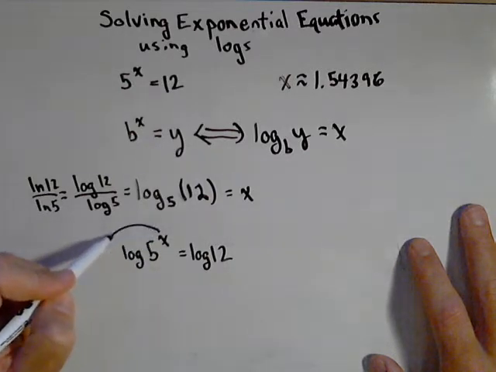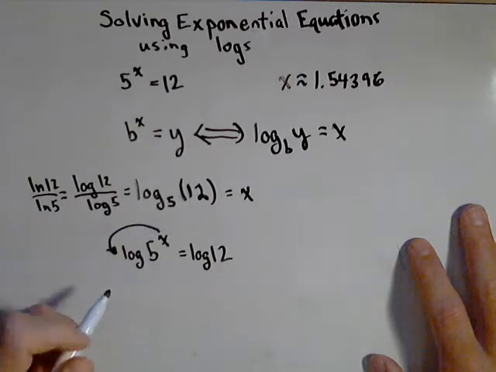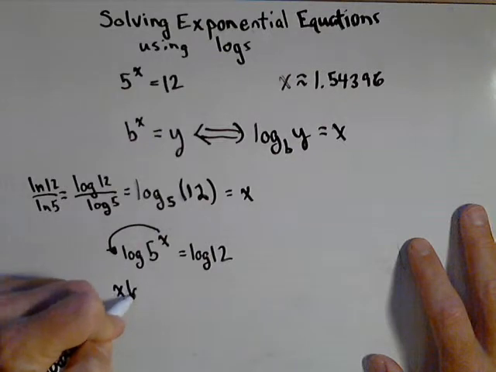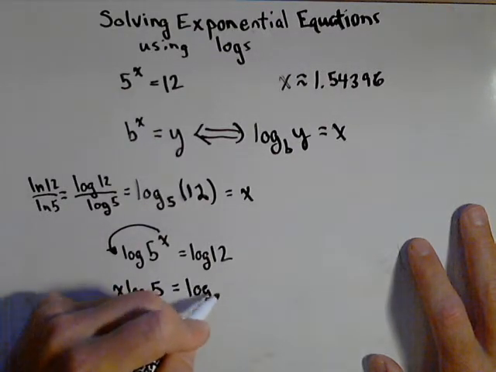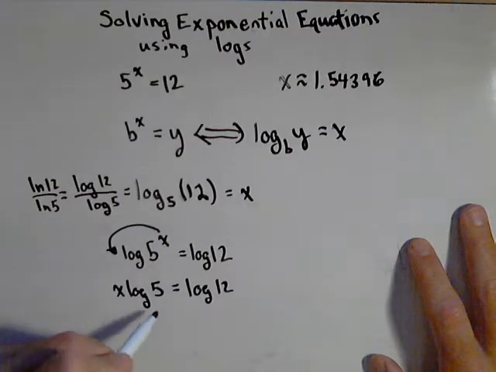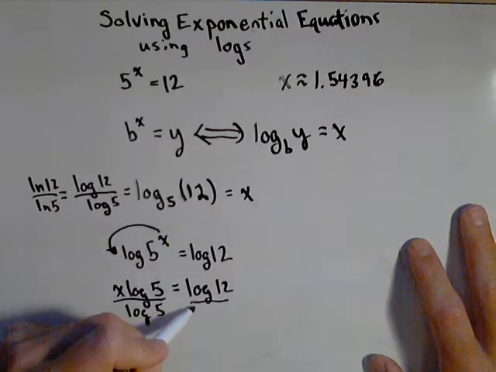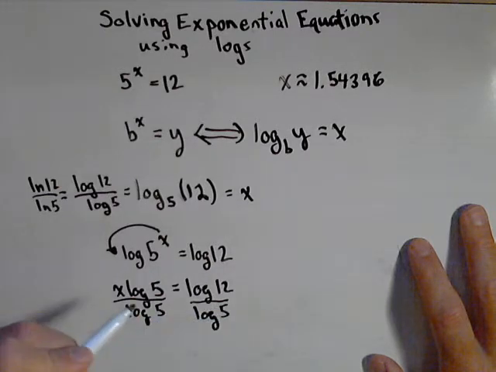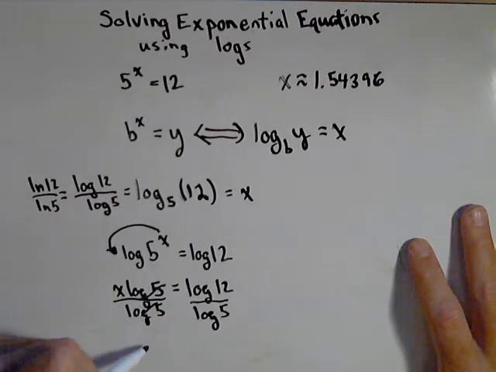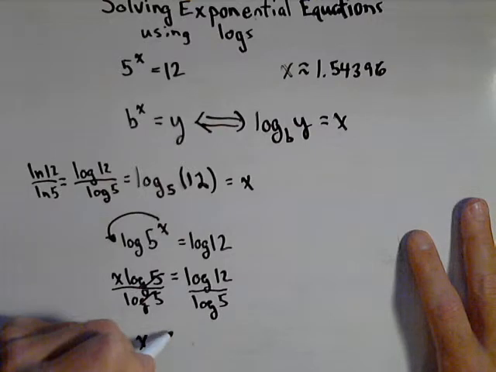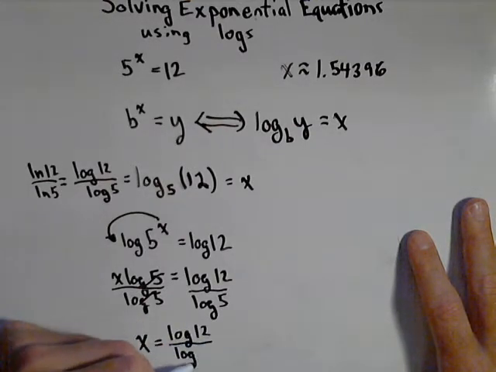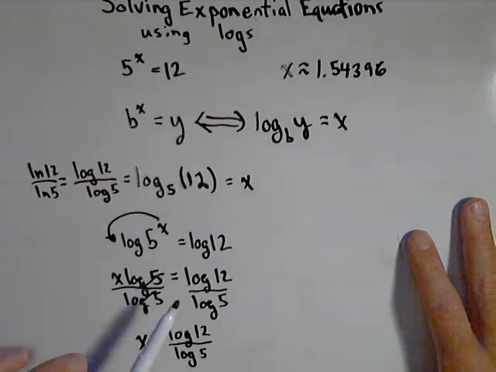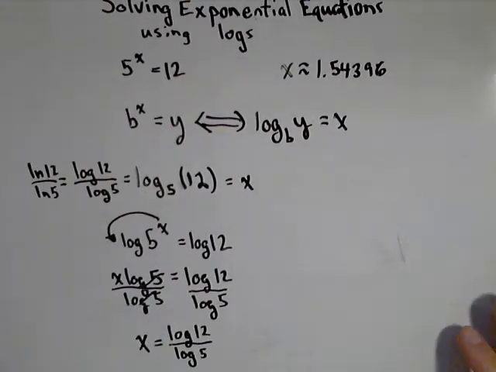Now I have a property of exponents that says I can pull the x out front, so I get x times log of 5 equals log of 12, and the last thing I have to do to solve for x is divide both sides by log of 5. So those cancel, and I get x equals, again, the exact answer, log of 12 over log of 5. Once again, when I took the log of both sides, I could have used natural log just as easily and gotten the same thing.